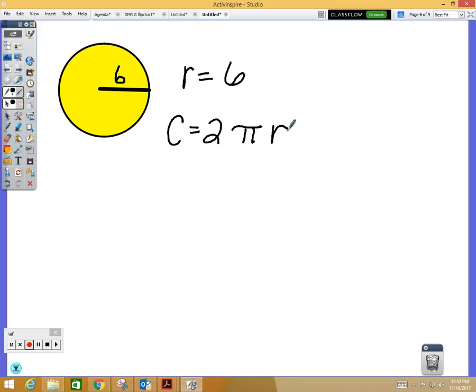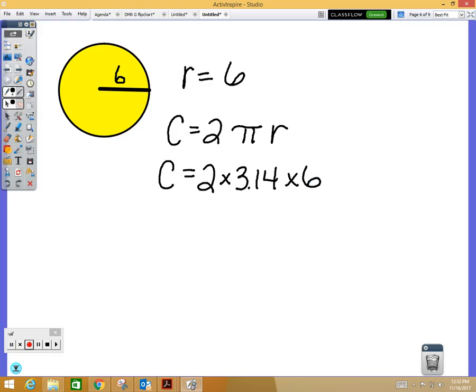So again, I want you to identify what it is, radius or diameter, and then I want you to write the formula that you were using. So the next thing that I want you to do is put in what you know. We don't know circumference. We know 2. We know that pi is 3.14, and for this particular problem, we know that the radius is 6.